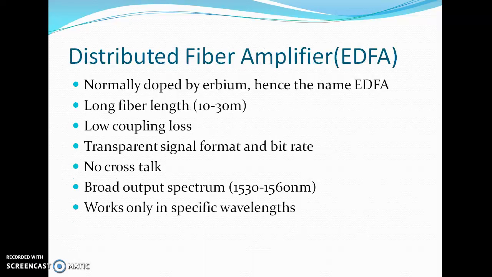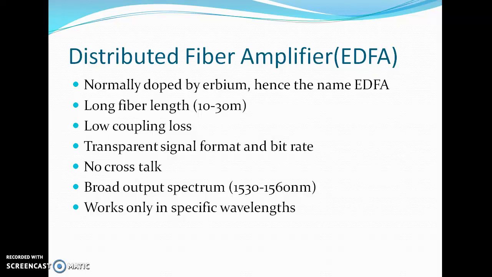The next type of optical amplifier that we'll have a look at is the doped fiber amplifier, or the EDFA. The reason why it is called the EDFA is because this amplifier is usually doped with the rare earth element erbium, hence the name EDFA. It has a long fiber length of up to 10 to 30 meters.